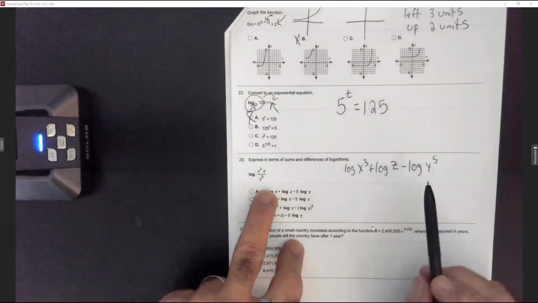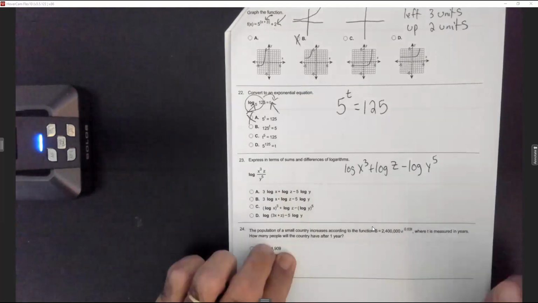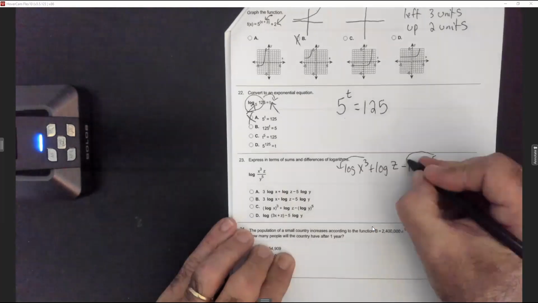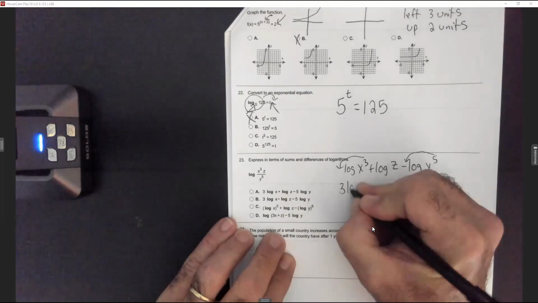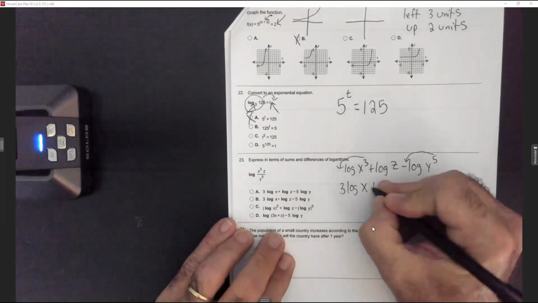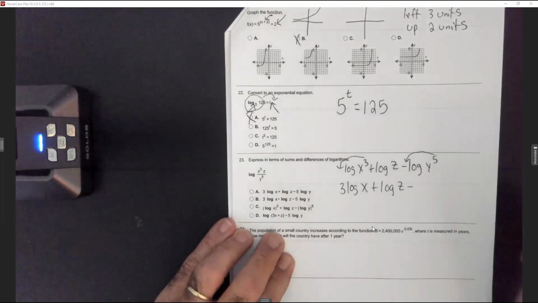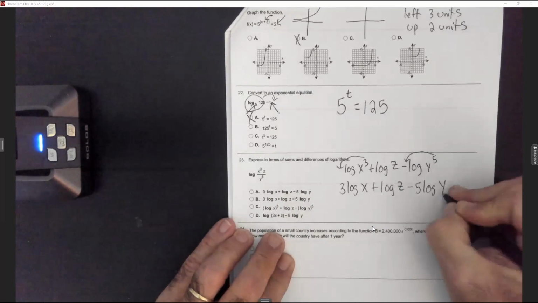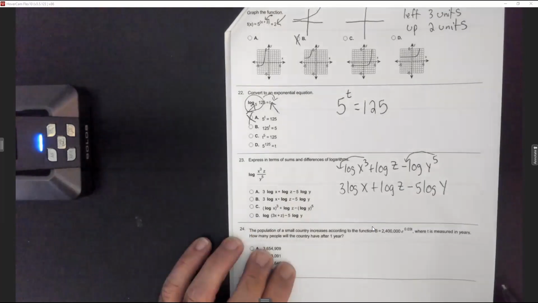That one was on bottom, so it's a negative log. Now, we got to bring all our exponents down to the front. So I get a 3 log x plus my log z minus, what's that, 5 log y. Cannot go no further, so hopefully they got that over here.